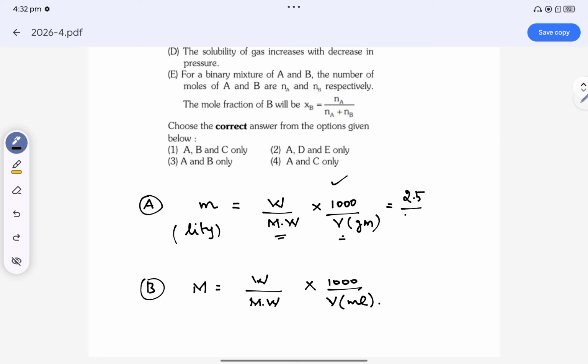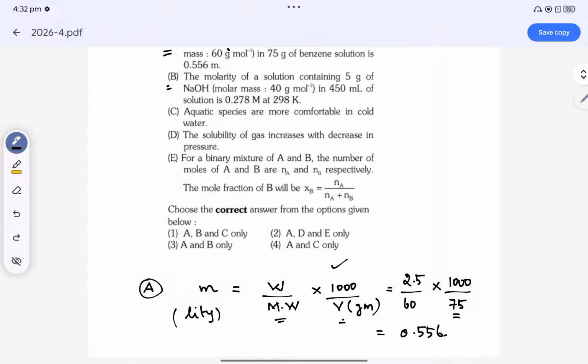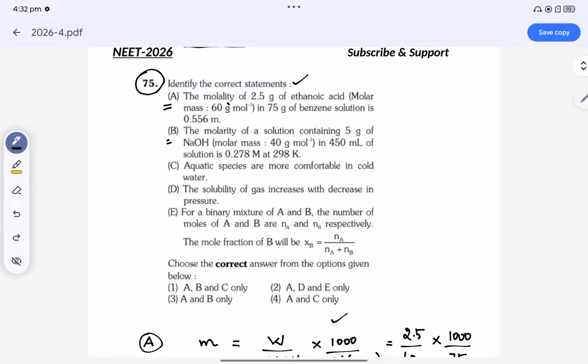Molecular weight is given as 60 and solvent weight in gram, that is benzene, is found to be 75. By doing this calculation, I may get the value 0.556. So we have to identify the correct statement. Option A is correct.